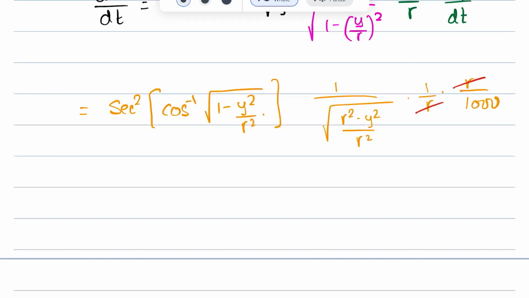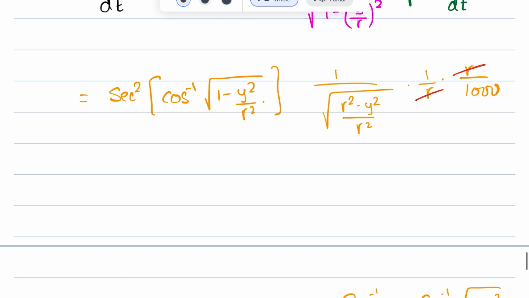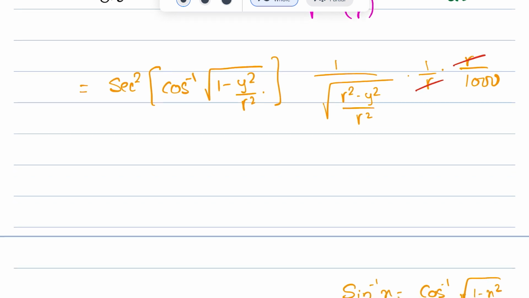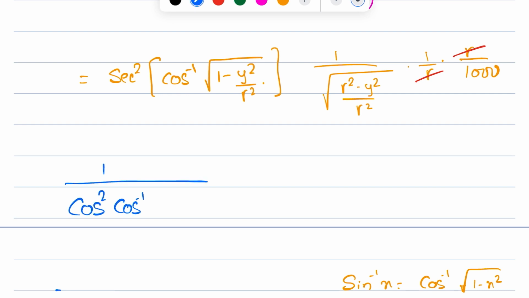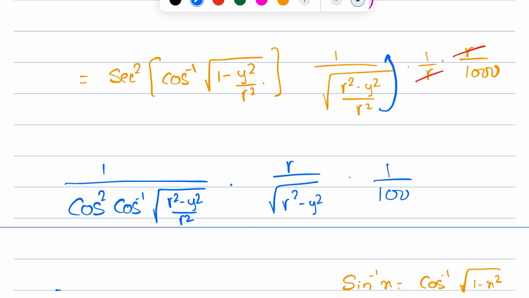Now, once I have written that sine inverse as cos inverse, I need to simplify it further. We know that secant and cos are reciprocal functions of each other. So secant square can be written as 1 upon cos square, and cos inverse of square root of r square minus y square upon r square, times this square root of r square is r, which goes to the numerator: r divided by square root of r square minus y square, times 1 upon 1000.